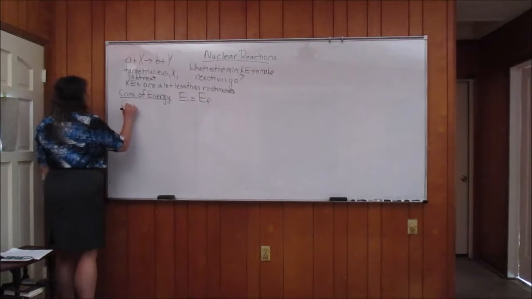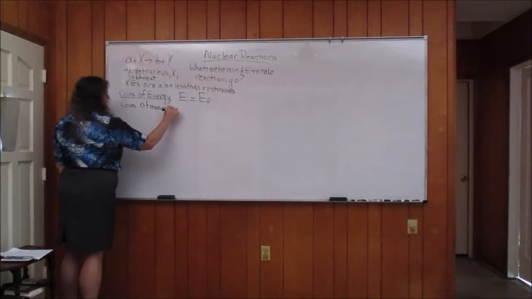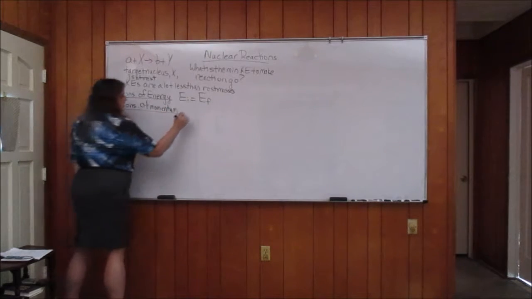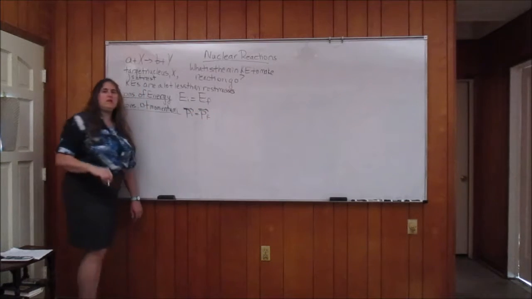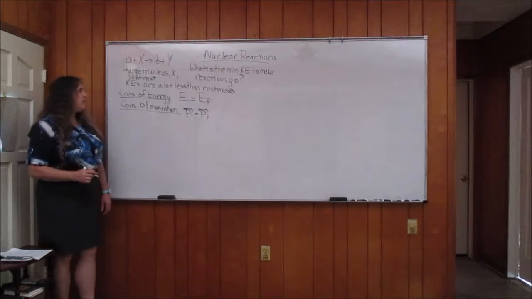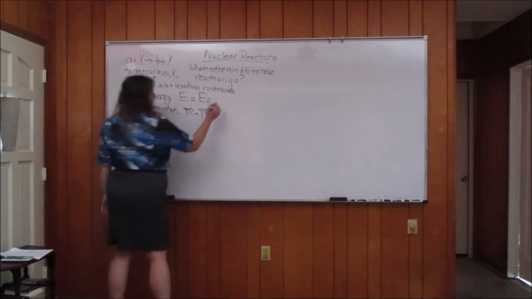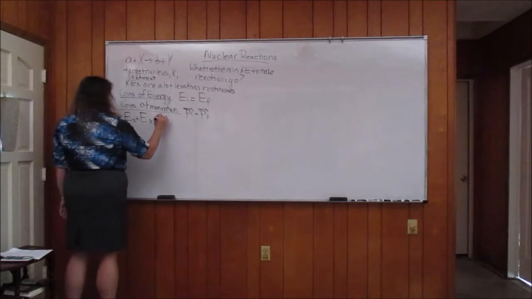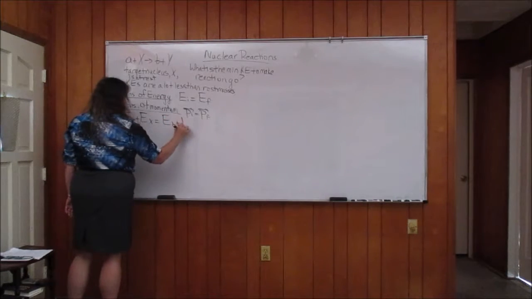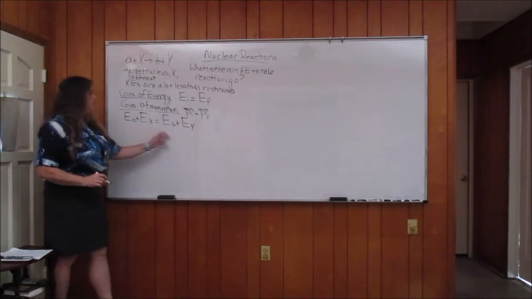Conservation of momentum likewise tells you that the total momentum in the system before the nuclear reaction is equal to the total momentum in the system after the nuclear reaction. Now we've got two particles initially and two particles finally. So conservation of energy becomes EA plus EX is equal to EB plus EY.